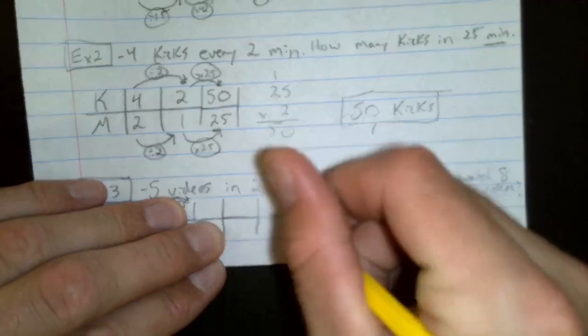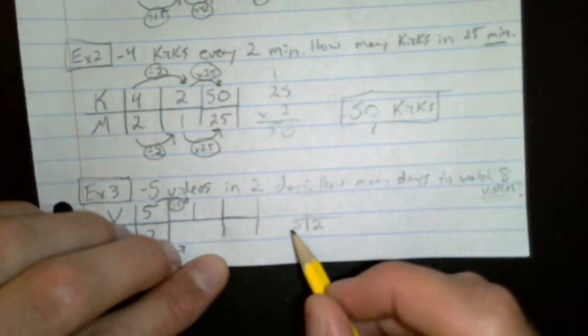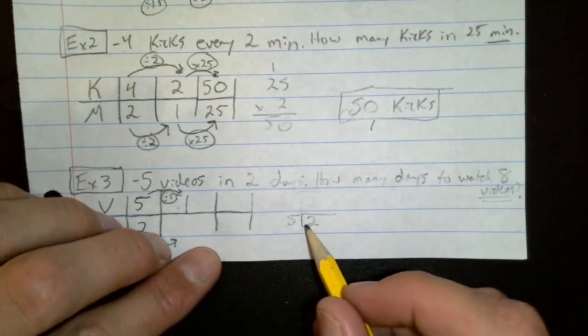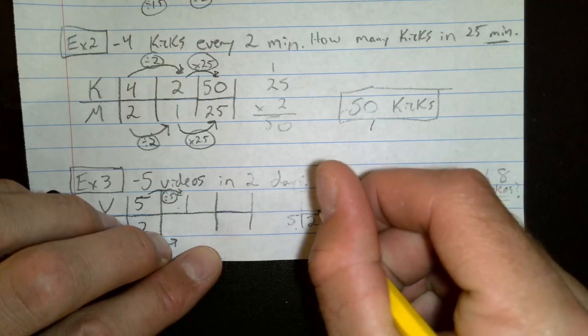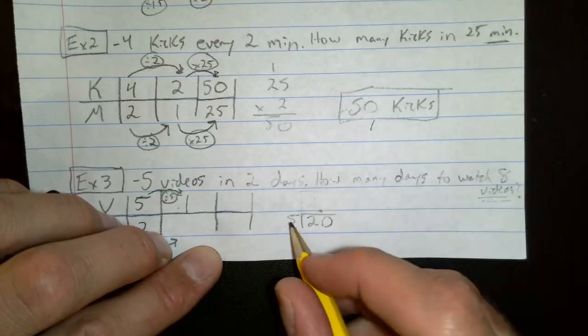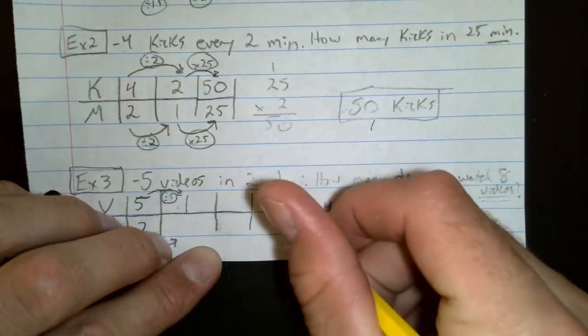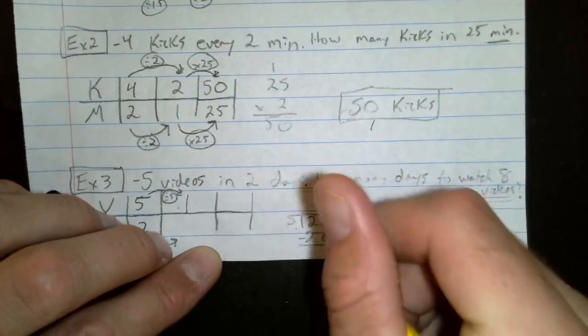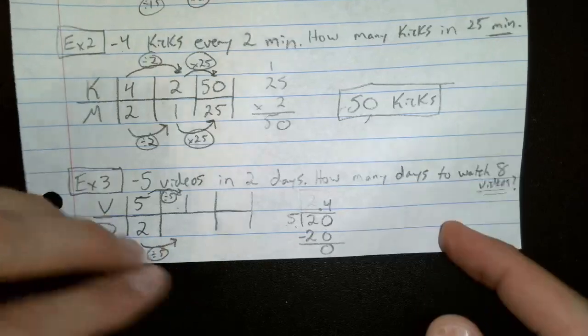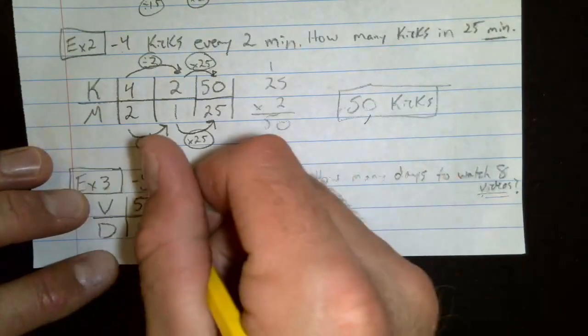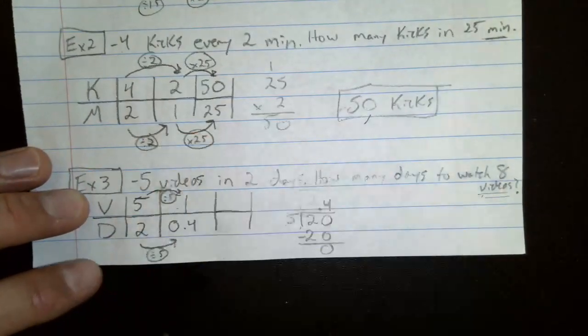Can 5 go into 2? It can't, so we put our decimal and a 0. How many times does 5 go into 20? Well, that's 4 times. 5 times 4 is 20, and 20 minus 20 is 0. So your answer is 0.4 days.